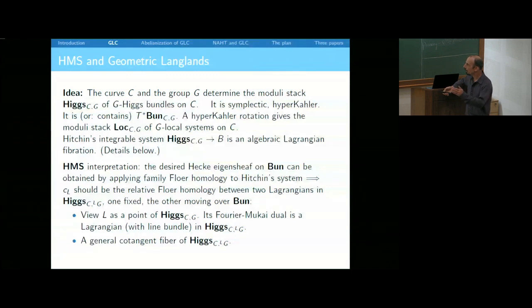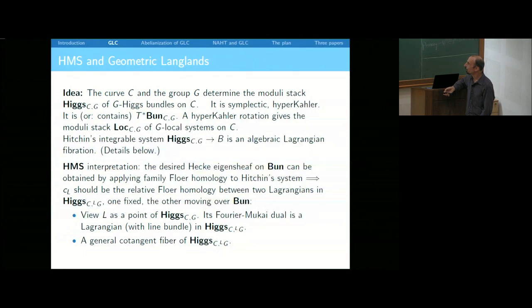One of them is going to be fixed, the other is moving. It's parameterized by a point of Bun, so therefore it produces for you an object on Bun, and that object will be a D-module, or generically it will be a local system. I'm calling it Bun, but with my convention, I should have called it Bun L. It's Bun for the Langlands dual group.